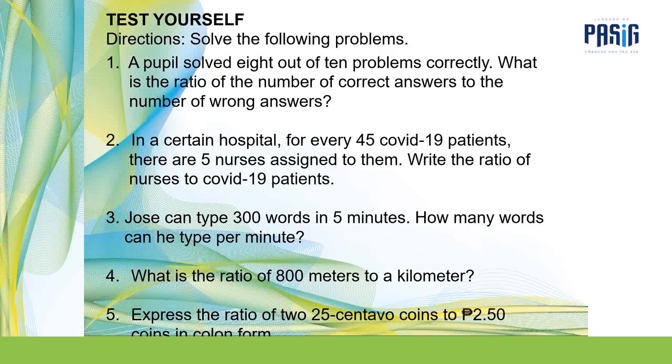Write the ratio of nurses to COVID-19 patients. Number 3. Jose can type 300 words in 5 minutes. How many words can he type per minute? Number 4. What is the ratio of 800 meters to a kilometer? And number 5. Express the ratio of 2 25-centavo coins to 2 pesos and 50-centavo coins in colon form.